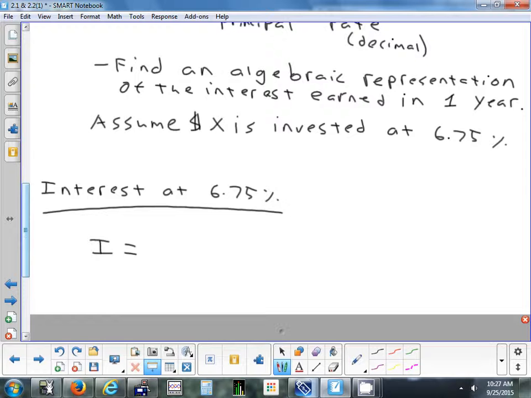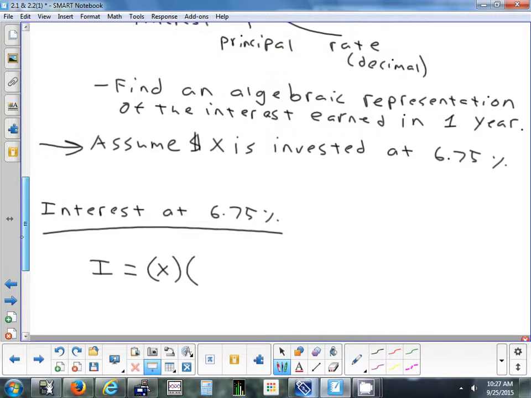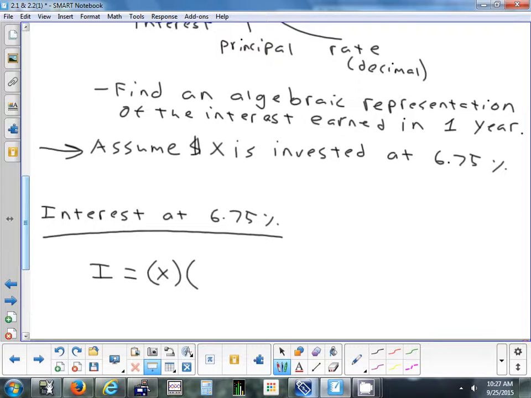The first thing we need is the principal. How much money is Bill investing at 6.75%? I gave you a hint right here. Assume that Bill is going to invest X dollars at 6.75%. So that's my principal. My rate, well, 6.75%. Make sure you change that to a decimal. So 0.0675 times my time.